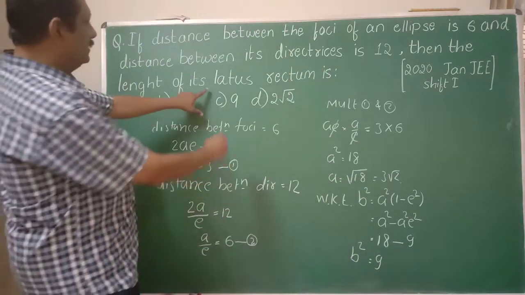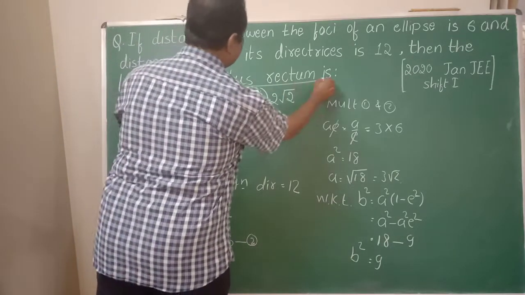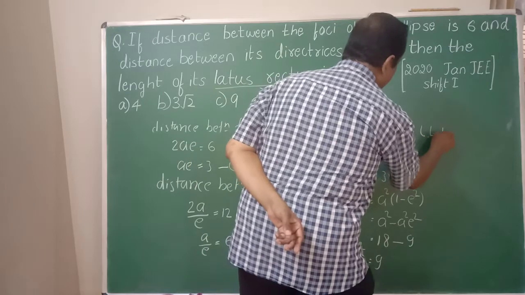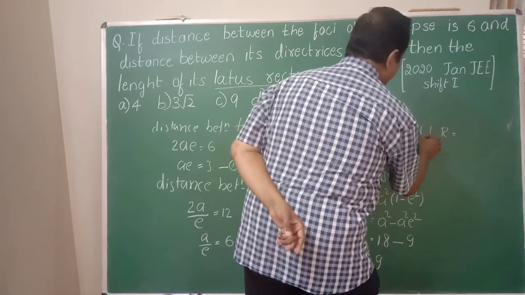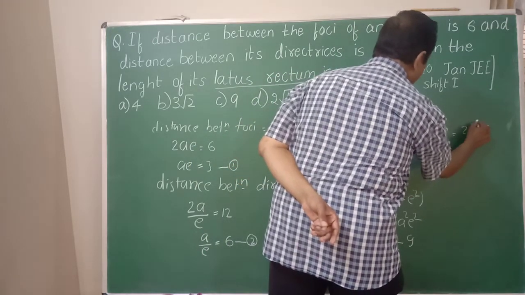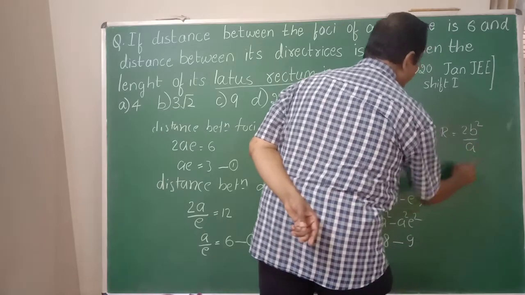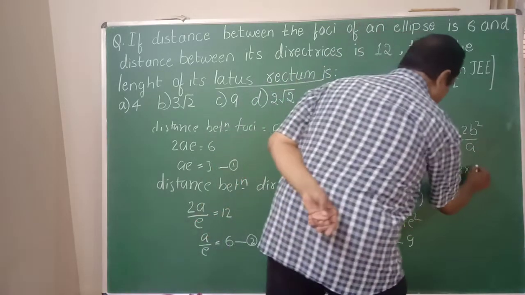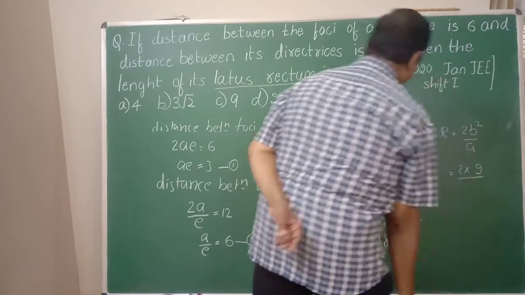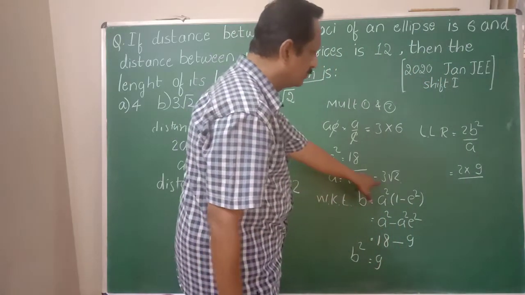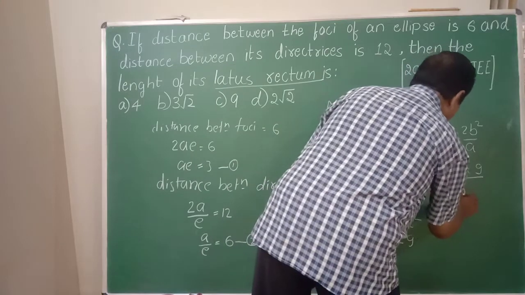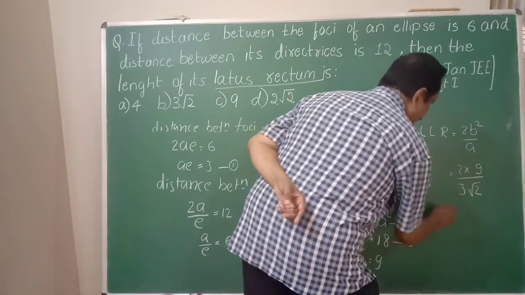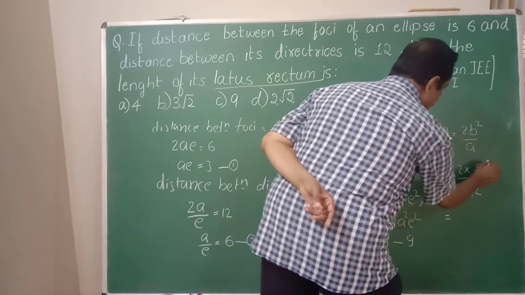Here we want the length of the latus rectum. Okay, so the length of the latus rectum is equal to the formula 2b square divided by a. Then 2 into b square, that is 9 here. 2 into 9 divided by a value, which is 3 root 2 here. Therefore this is equal to 3 ones are 3, 3 threes are 9 here.